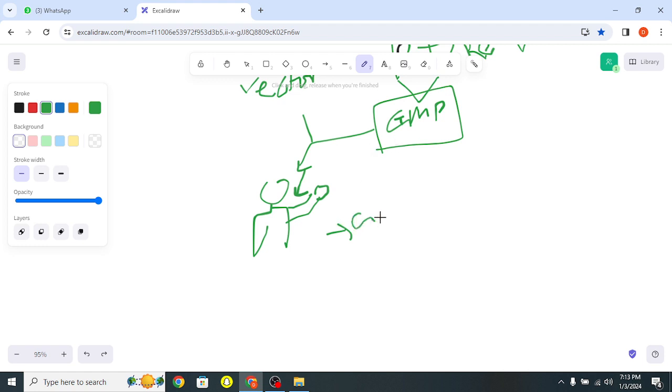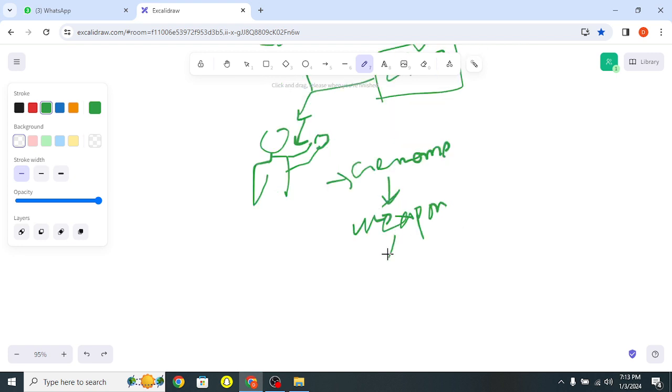The genome will work as a weapon. When its genome is injected in the human body, it will act as a weapon and kill the bacterial cells.